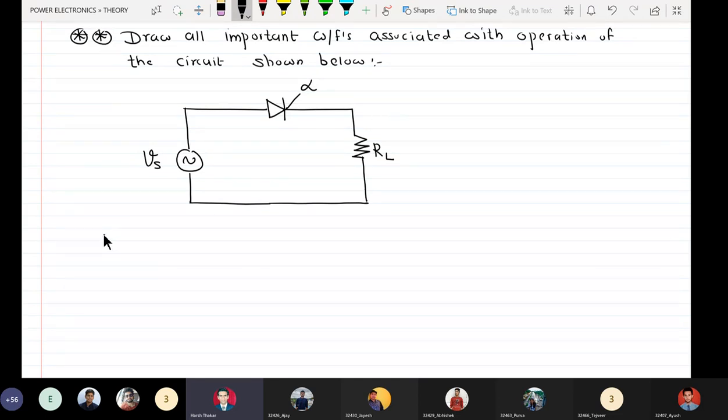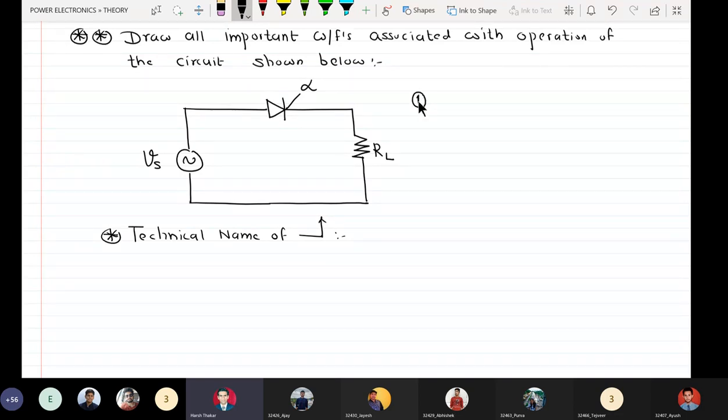Okay, so what is the technical name of this circuit? Can anybody tell what is the technical name which can be given to this circuit? Okay, I will give you some hints.